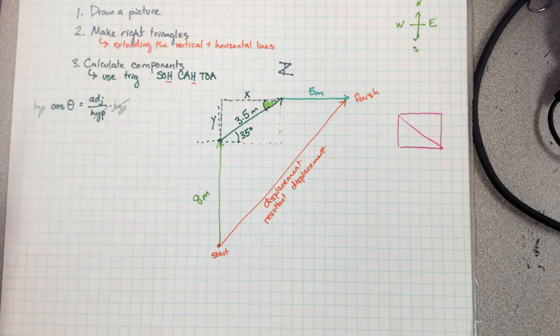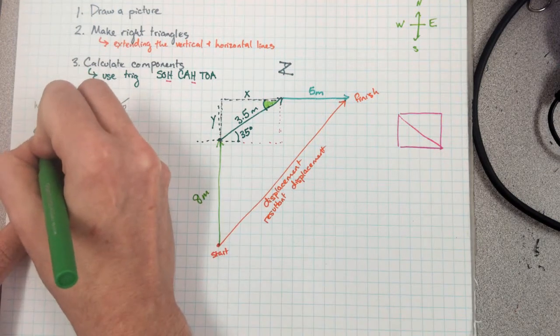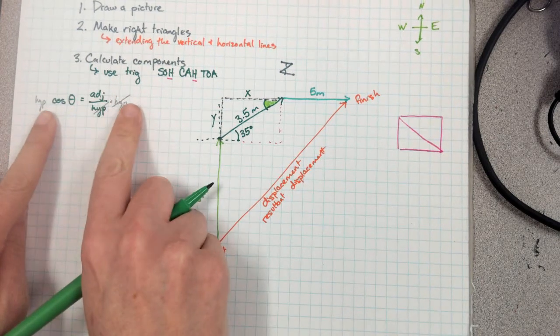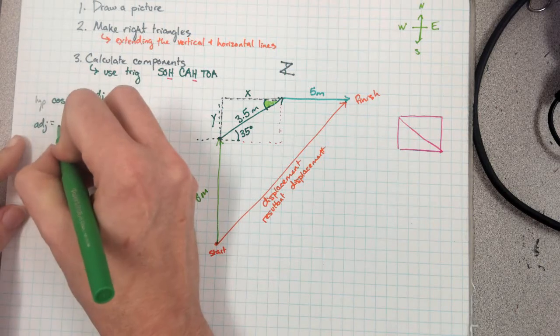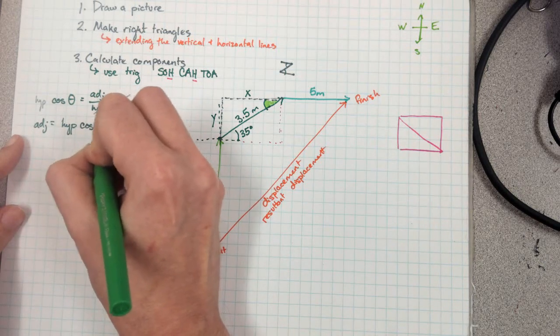by hypotenuse. This is a really useful way to think about it, especially in physics. In physics we rarely use this version of sine. Most of the time we use this, right?